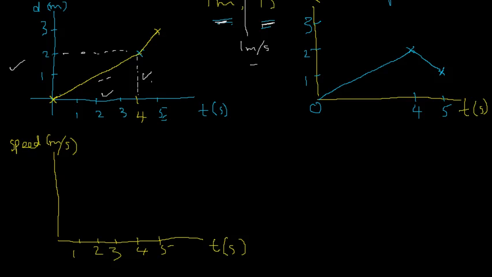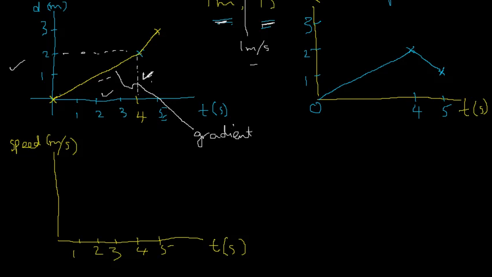what this picture tells us is that the speed is actually the same as this gradient. The gradient, right, the gradient, as we see from this graph, is the vertical divided by the horizontal.